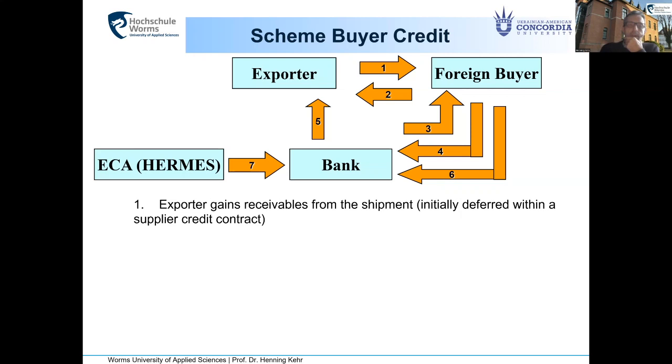So first of all, as in the example before, step one, exporter is sending goods to the foreign buyer or importer, and therefore he has some receivables. Therefore, he's asking for some securities. Might be a promissory note or any other.